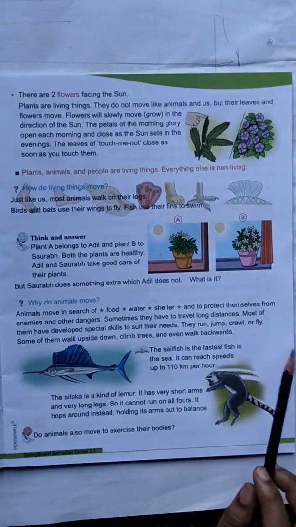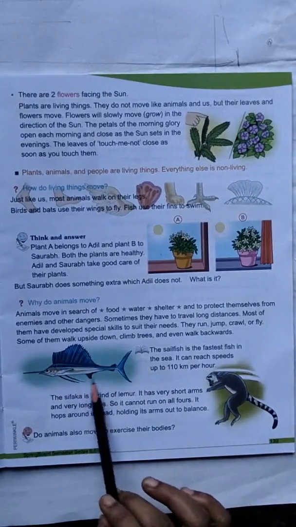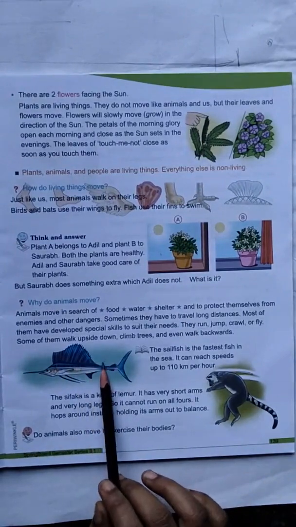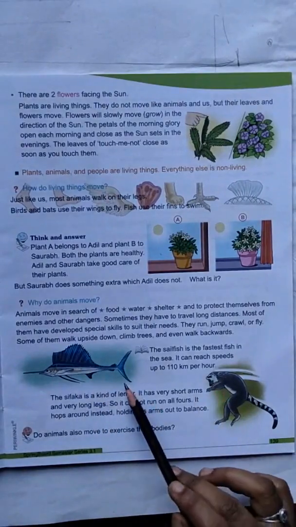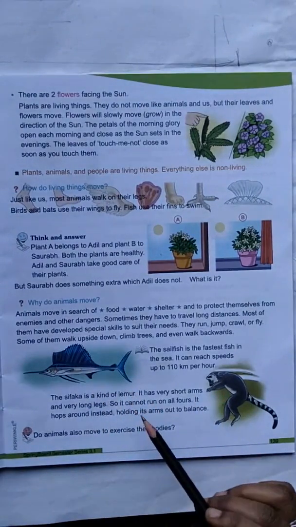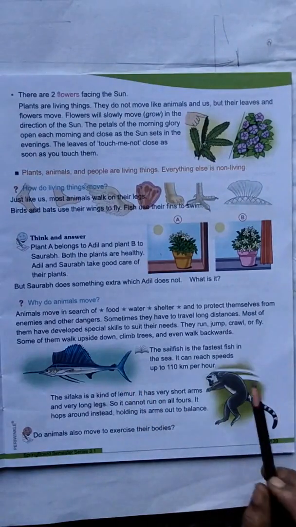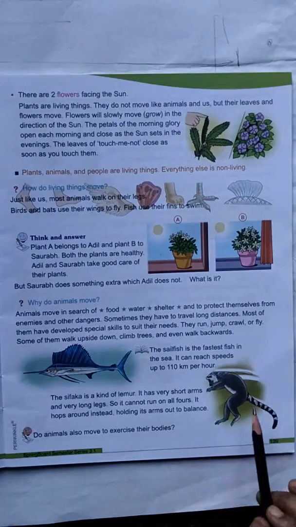Okay. Next, this is the sailfish, the fastest fish in the sea. It can reach speeds up to 110 km per hour. The sifaka is a kind of lemur.